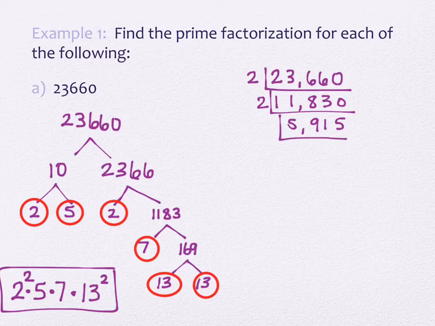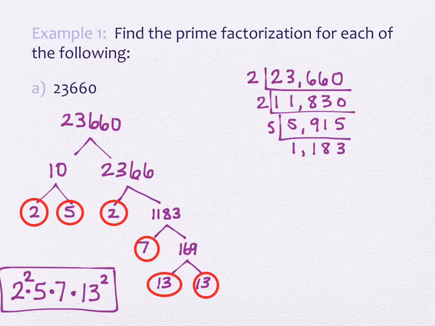So after 3, our next option is 5. And if I divide by 5, what do I get? 1,183. Do I need to test 2 and 3 and 5 again? No, because if the previous part of this problem didn't divide by 3, this one's not going to either. Okay?